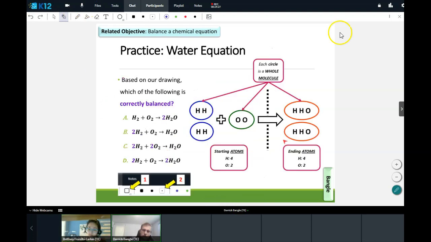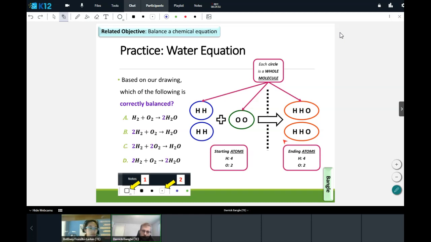Here we go. Hydrogen and oxygen come together to make water. But all we're worried about, again, is the big circles that make the big coefficients. So go ahead, our whiteboard tool should be on. Place a box around the correct option that you think is the correct one based off how many big circles we are seeing.